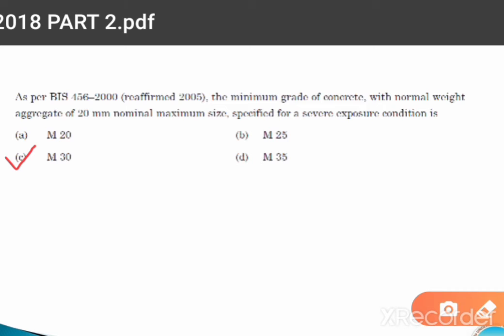Exposure condition we can see in section 2 of IS 456:2000, and for mild exposure condition the value is M20, for moderate exposure M25, severe exposure M30, very severe M35, and extreme condition the value is M40.